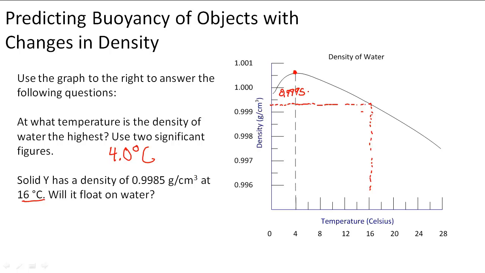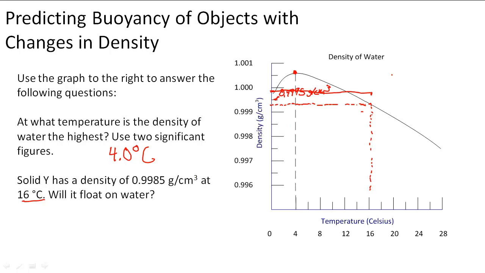0.9995 grams per centimeter cubed. So that's what this line represents. What I can see is that water is actually less dense than solid Y, because solid Y is up here somewhere. I can just draw out a line and see that it's higher than water.